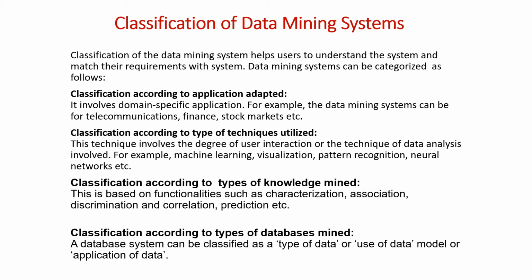Next is classification according to the types of knowledge mined. This is based on functionalities such as characterization, association, discrimination, correlation, and prediction. Next is classification according to the types of databases mined. Database systems can be classified by type of data, use of data, model, or application of data.